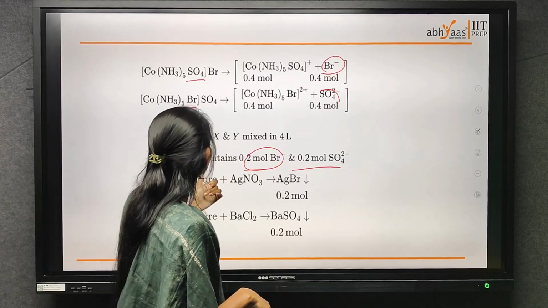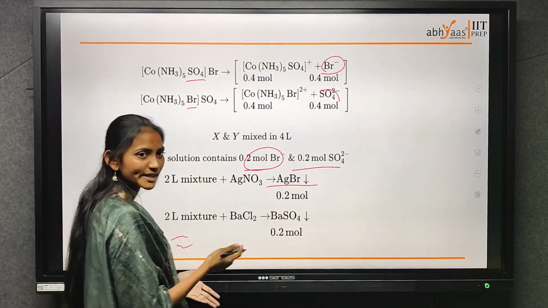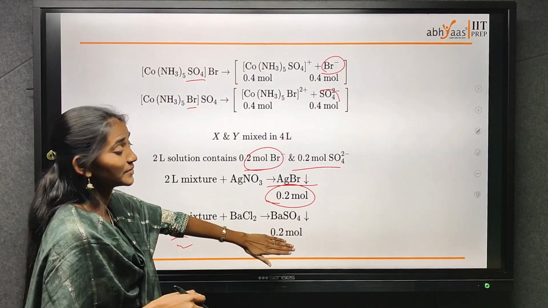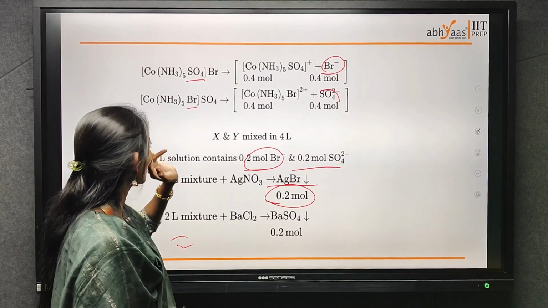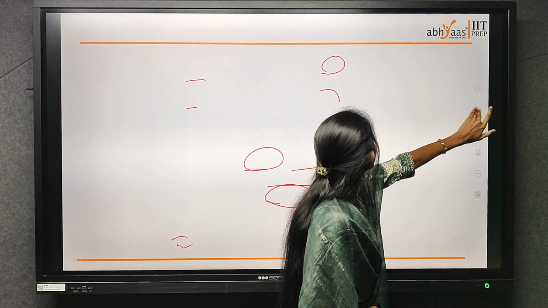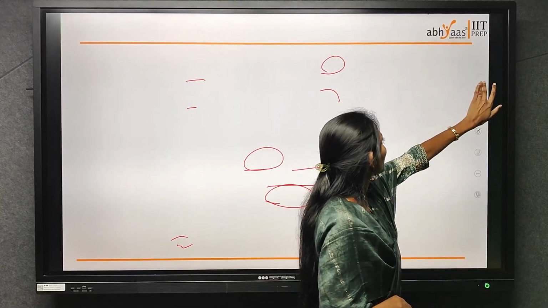When you react with silver nitrate and barium chloride, your AgBr is precipitated. That means 0.2 moles. Here also getting the same, for barium chloride also getting the same. Hence the option will be 1, right? Moving on to next question.